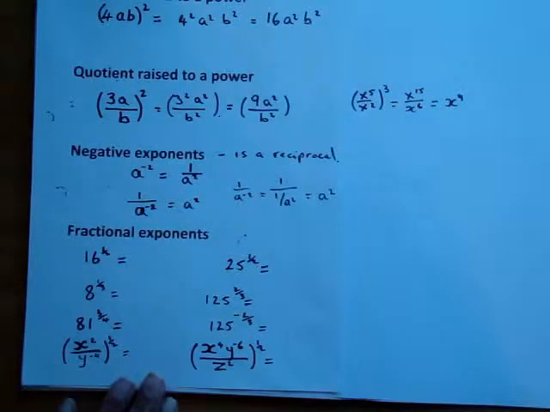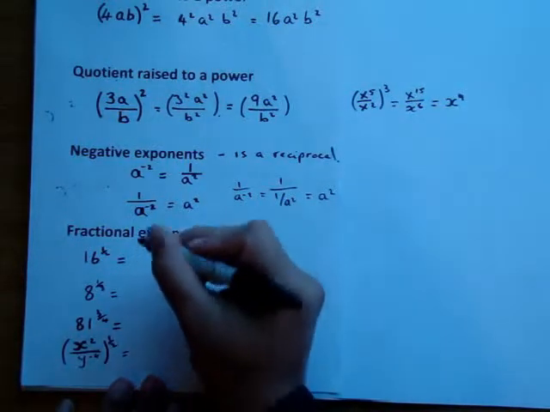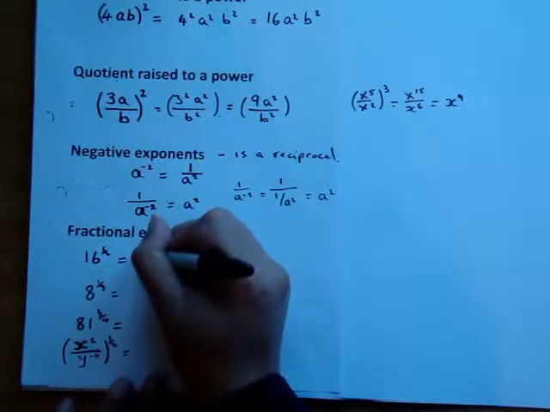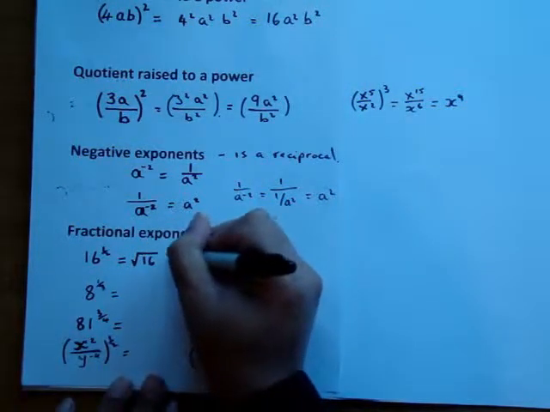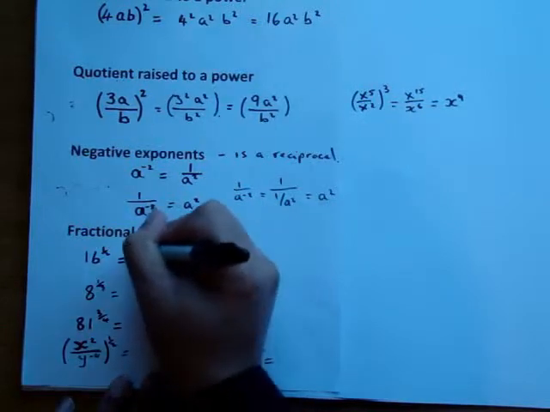So let's just write this down. 16 to the power half, that's the square root of 16, which is plus or minus 4.